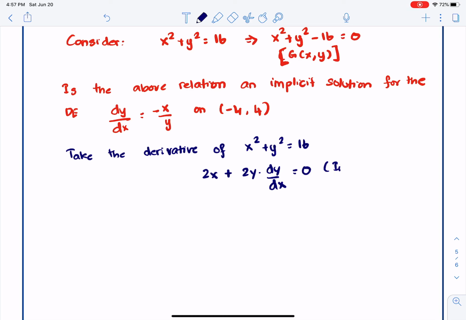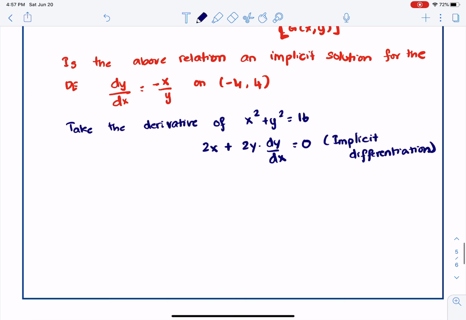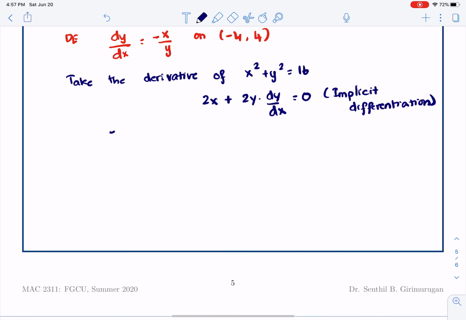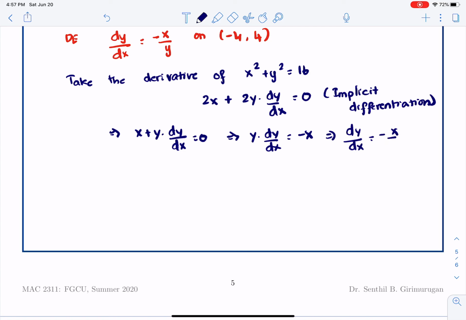Implicit differentiation. This is from calculus. Divide by 2 on both sides, we would have x plus y times dy over dx is equal to 0, which would imply y times dy over dx is equal to negative x, which would mean dy over dx is equal to negative x over y, which clearly satisfies the differential equation.